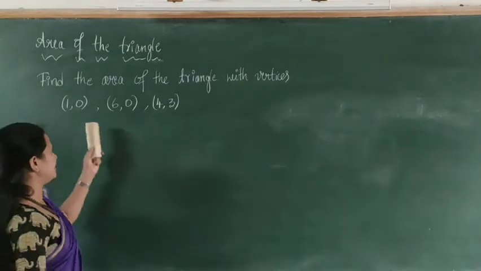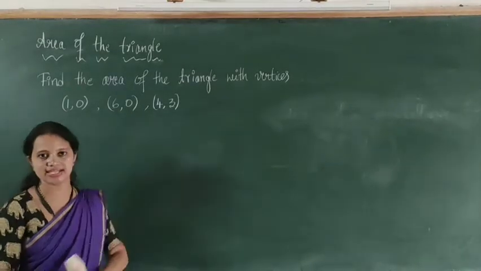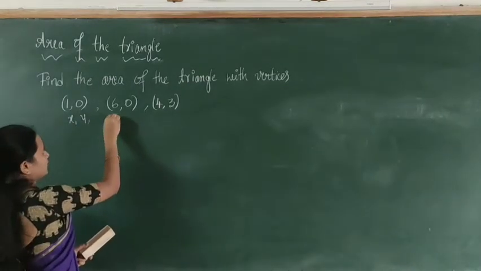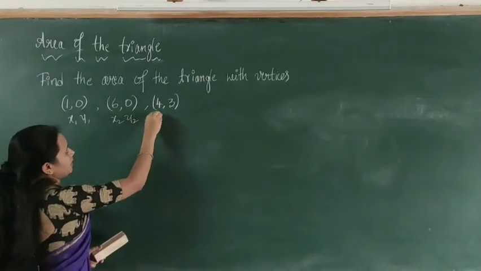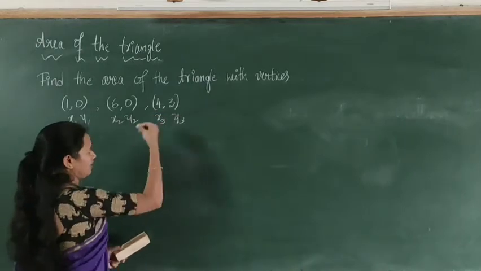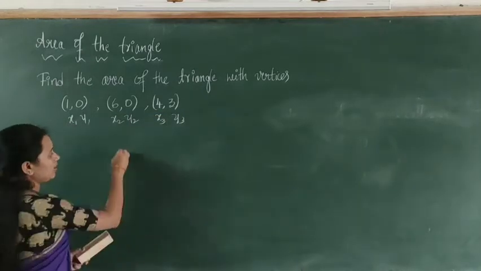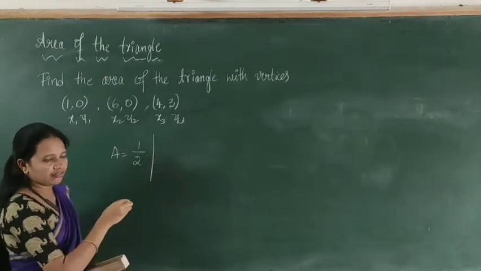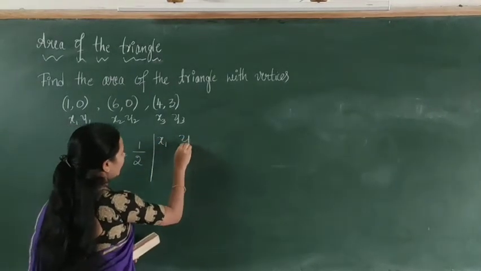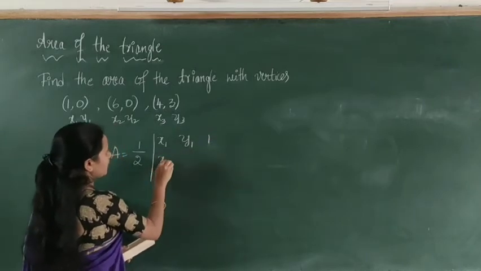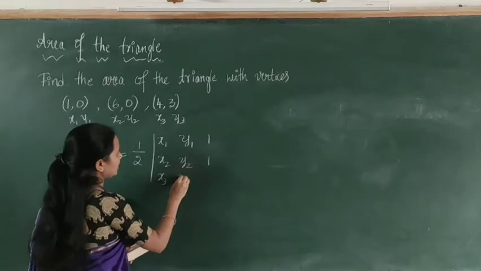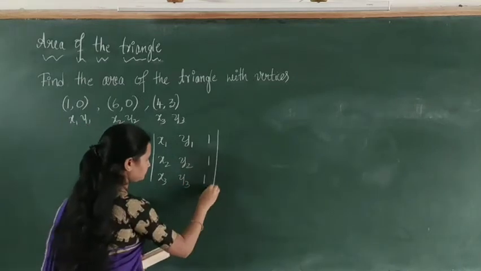So here the three vertices are (1, 0), (6, 0) and (4, 3). Take these vertices as x1 y1, x2 y2, x3 y3. And we know the formula: area equals half into the determinant of x1, y1, 1, x2, y2, 1, x3, y3, 1.